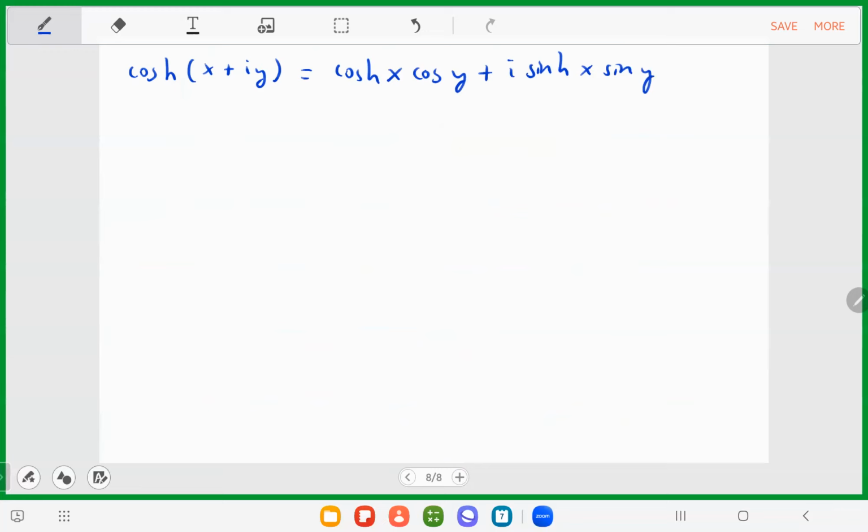So notice, remember, we have a vertical piece where we have r plus iy, for example, and r is going to go to infinity, right?